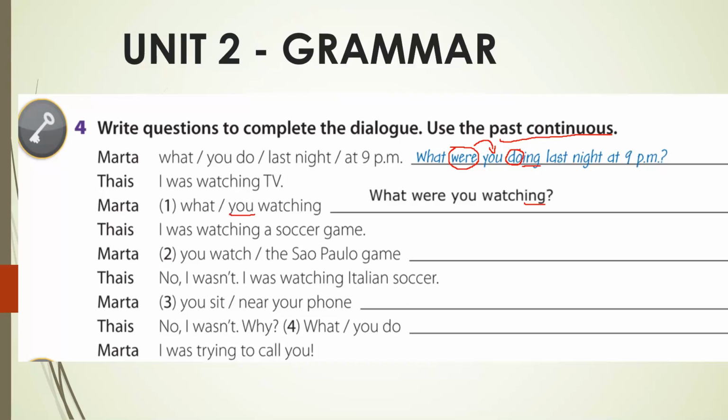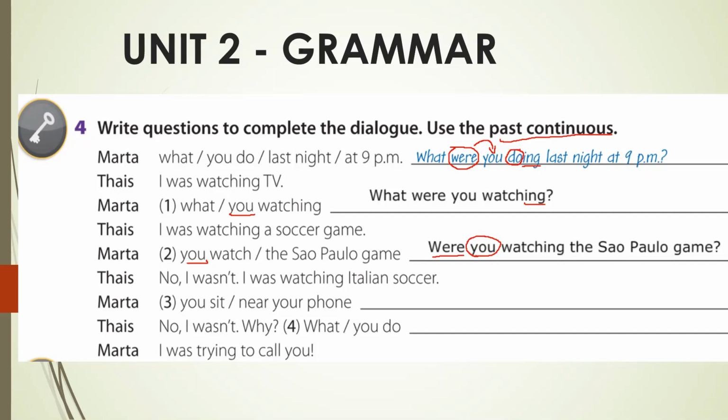So here is a question. I have you, easy one. So were you watching the São Paulo game? So remember, I have the word you, subject you. That's why I'm using were. If it was singular, I had to use something different, like we are going to see next.